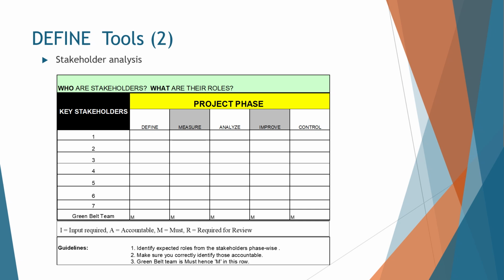So identify the expected roles from the stakeholders phase-wise. Make sure you correctly identify those accountable. And the Green Belt team is a must, hence the Green Belt team has M in this row. So a must.